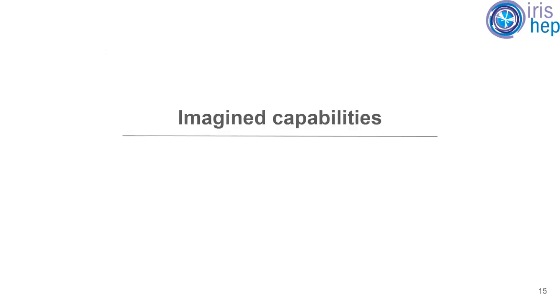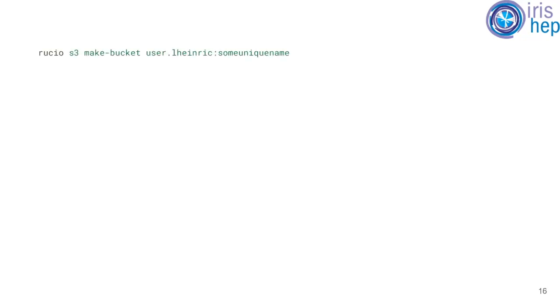All right. The imagined capabilities of this project: basically a command line interface with some code in the backend. We want to extend Rucio to have a command like s3. Then you'll be able to make a bucket with the following syntax, even though it's actually a bit different in S3. It's not dots and colons, it's slashes. So that's the first thing I have to somehow solve.